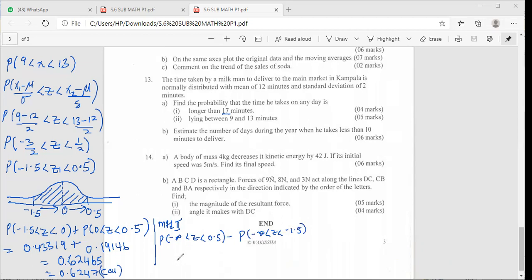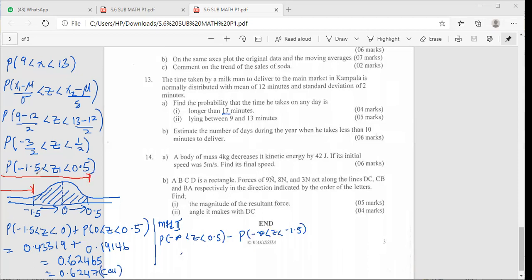So go and press P. But for P, we are going to put in 0.5, we get the answer. Then we get negative 1.5, don't miss the negative. Because we are reading the probability like this. From negative infinity, you read up to here and stop.